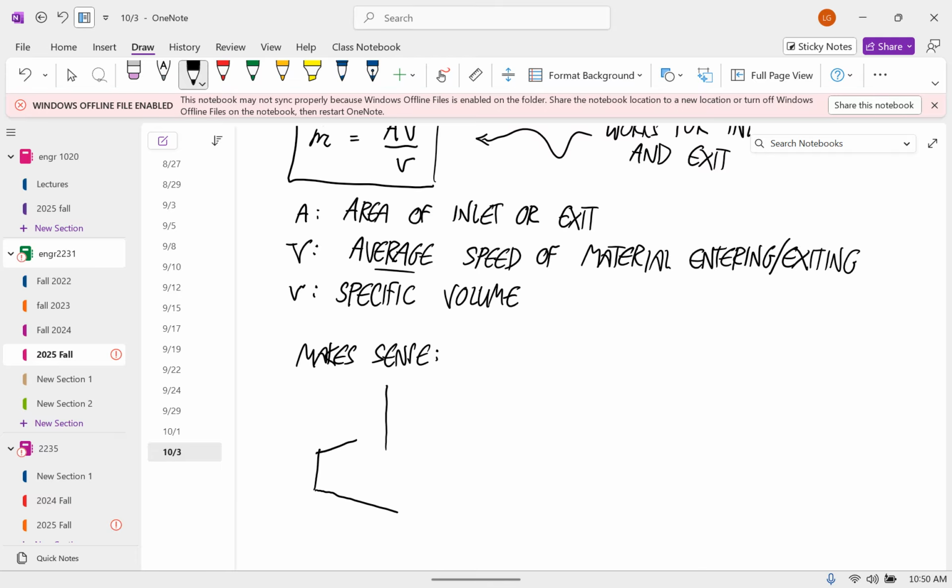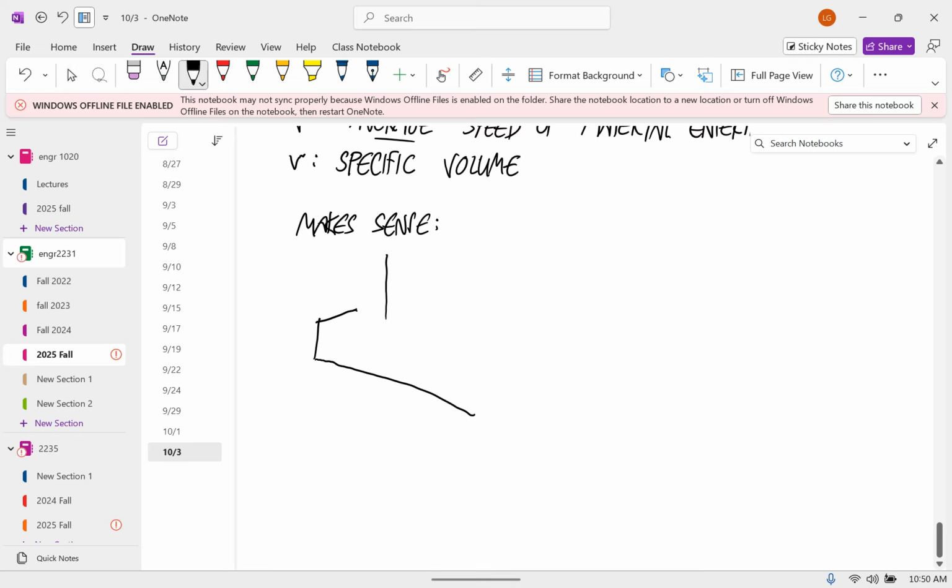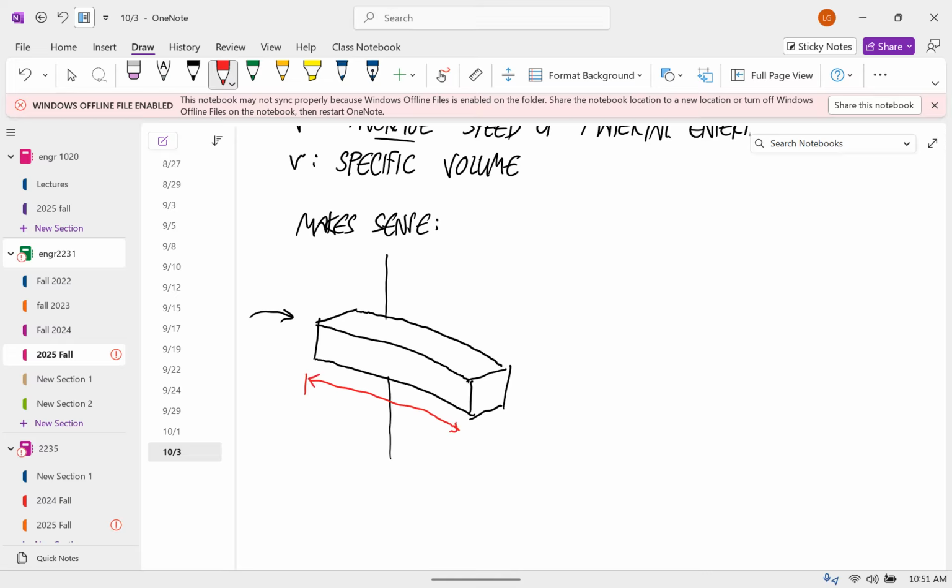So think of material coming out of a hole like this, going this way. This could be either leaving the control volume or entering the control volume. Let's say this length is L, and this is the area of the hole that it's going through.